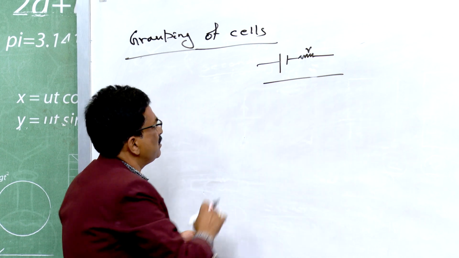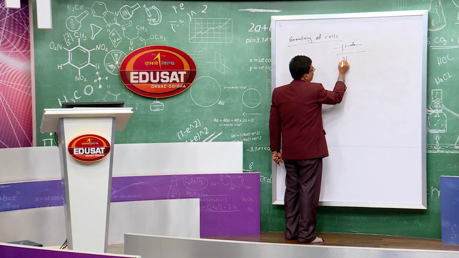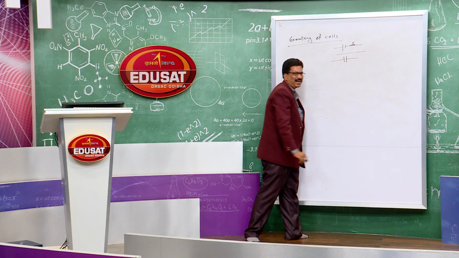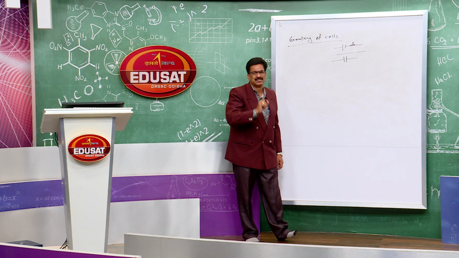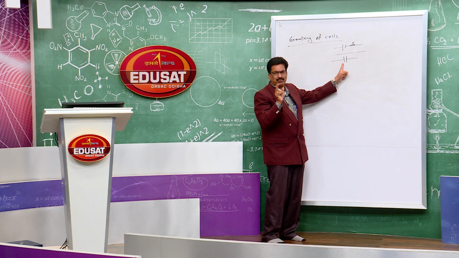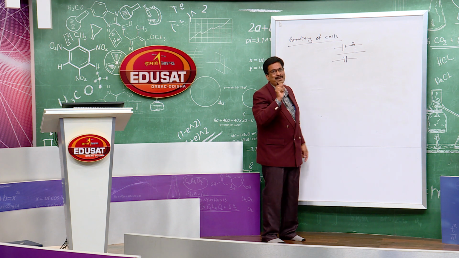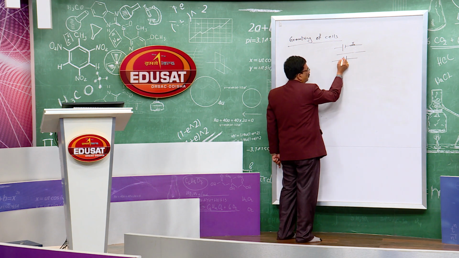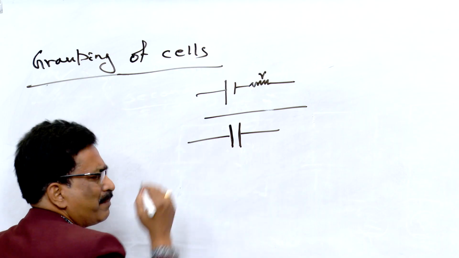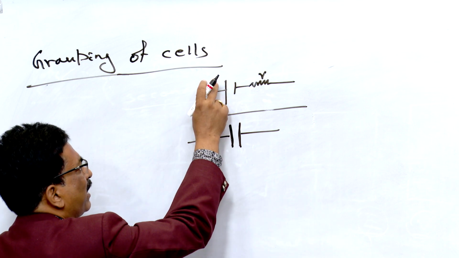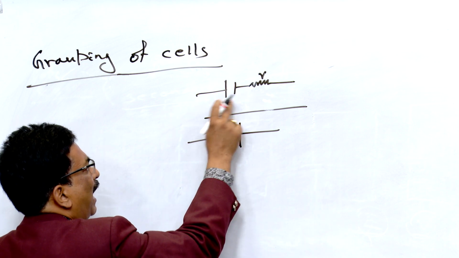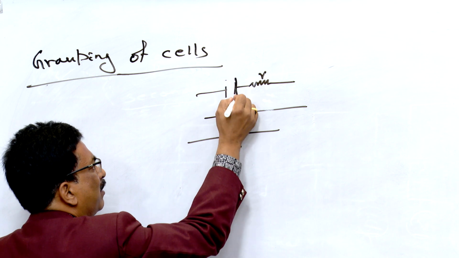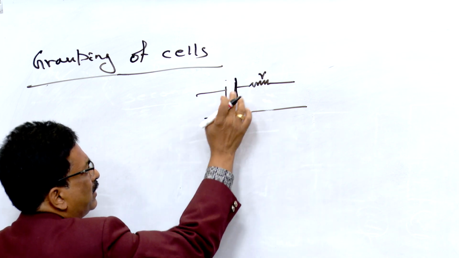Some students write this as a cell, but this is not a cell. This is the symbol for a capacitor. For a capacitor, the two straight lines are of the same size, but for a cell one is bigger and one is smaller. So, this is the cell.